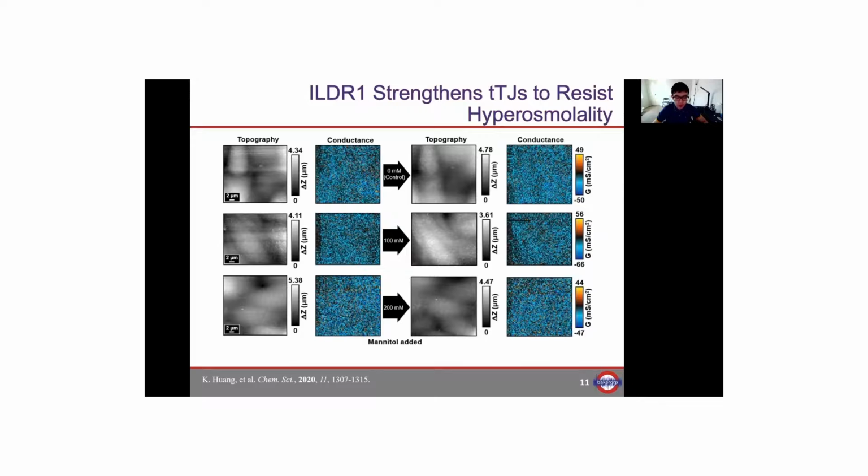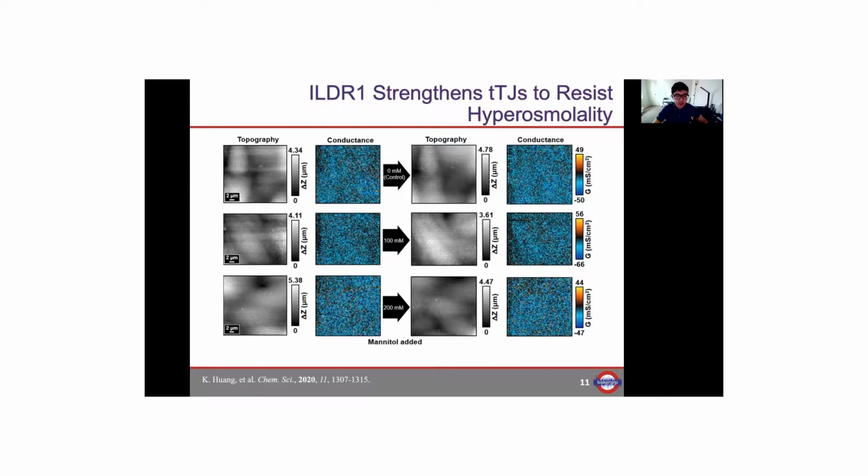Here we show the local conductance PSICM maps of ILDR1 cells under different mannitol concentrations. From the conductance maps, we observed that we could not see the tight junction features anymore.